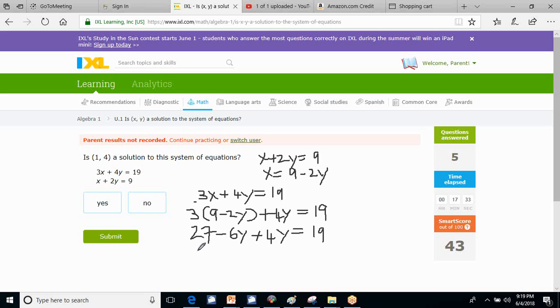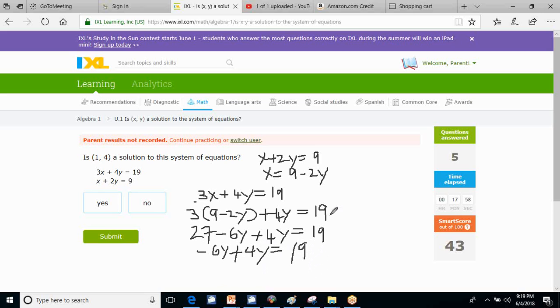So we're going to have minus 6y plus 4y and that's equal to 19. So we're going to keep all the numbers on the right hand side.